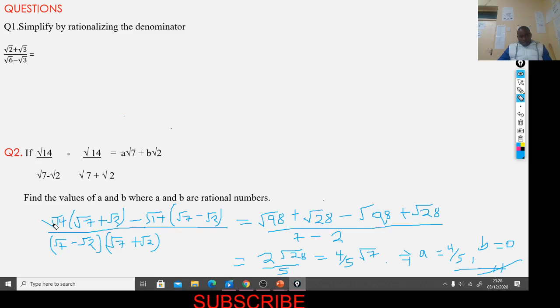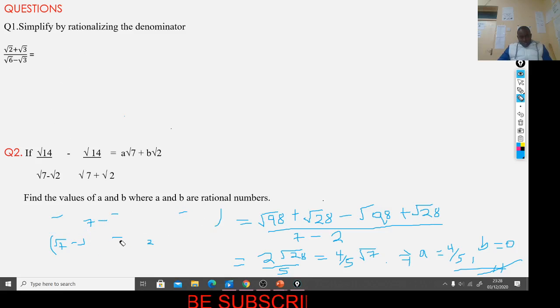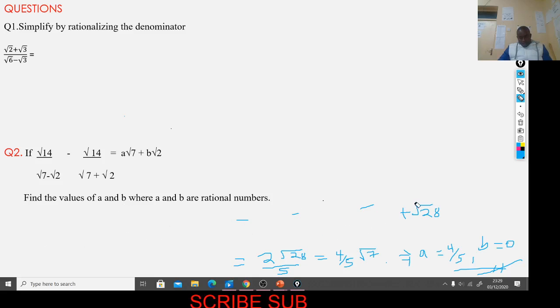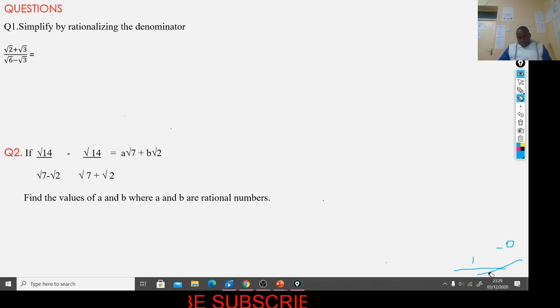Just follow the same procedure: rationalize each part, and see whether you get the same answer as finding the LCM. You're supposed to get the same answer by whichever method you follow.